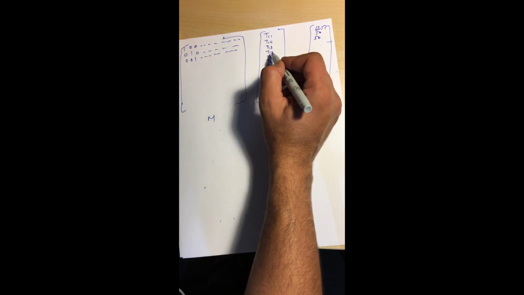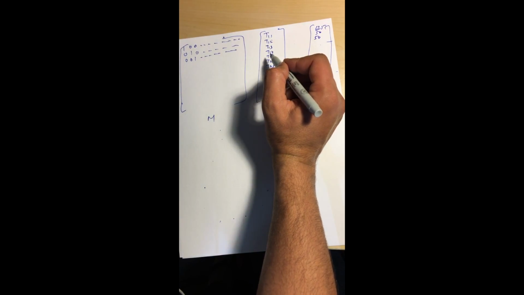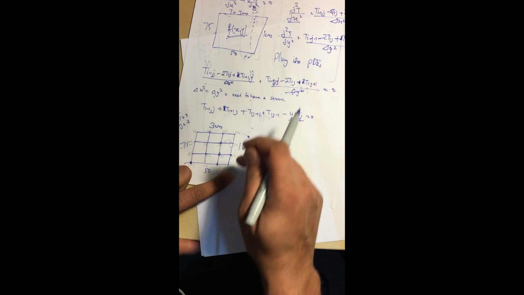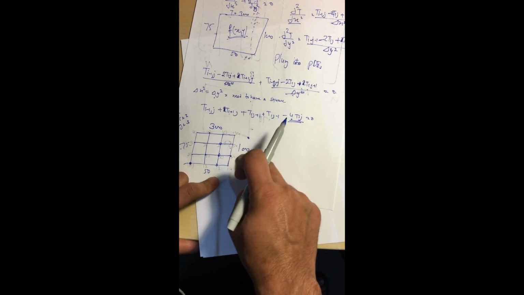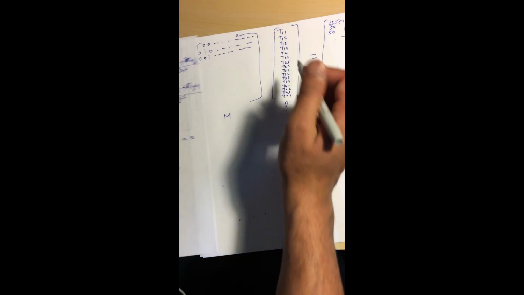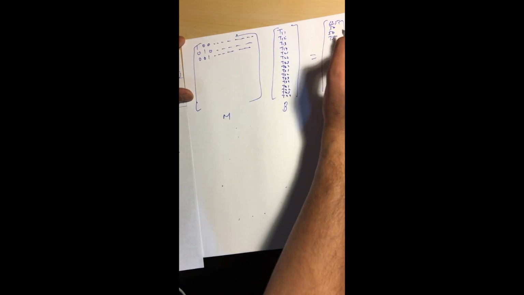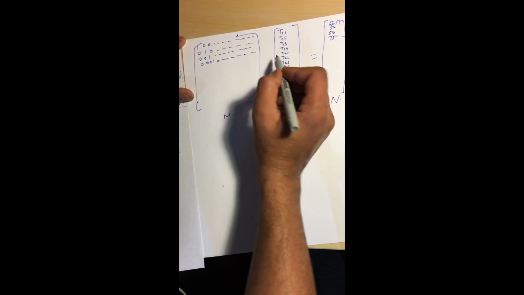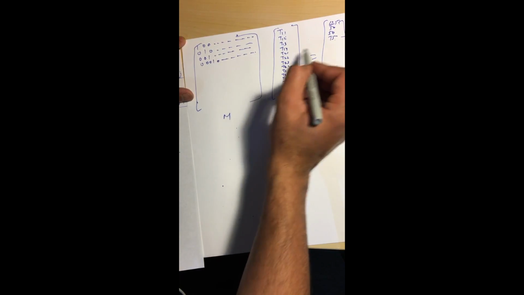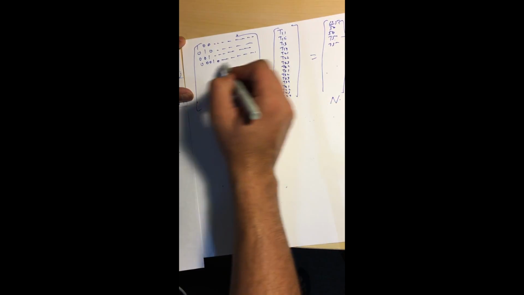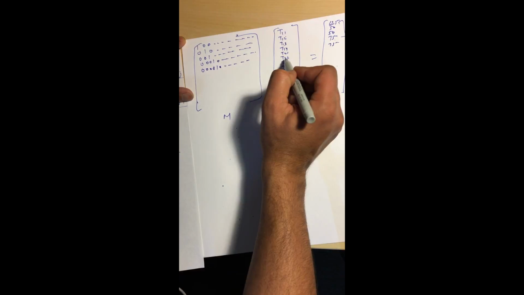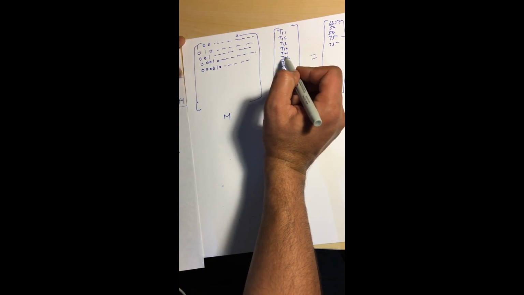At T4, this is also a boundary condition, so we know this will be exactly half of these two, so it's 75. The rest of the things will be 0. So 2,1 is 75. Now this is our interior point.